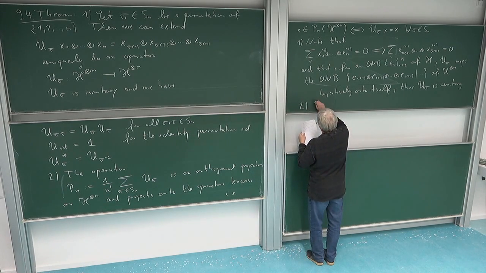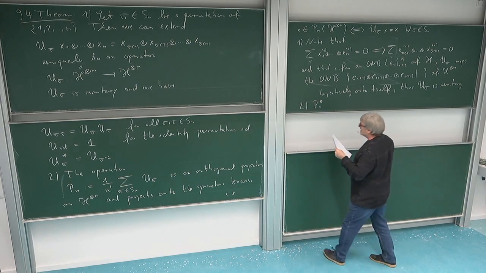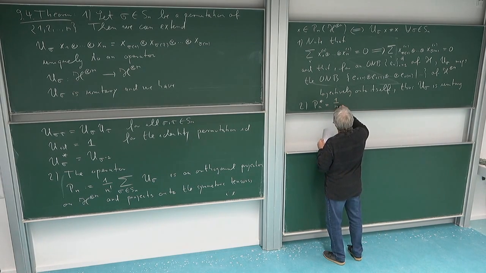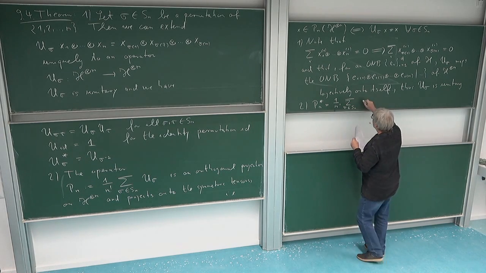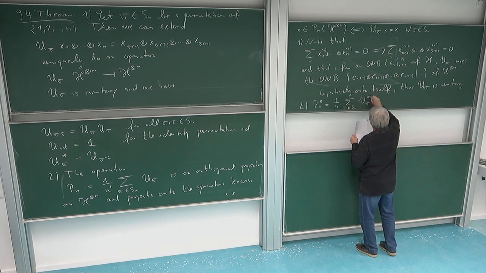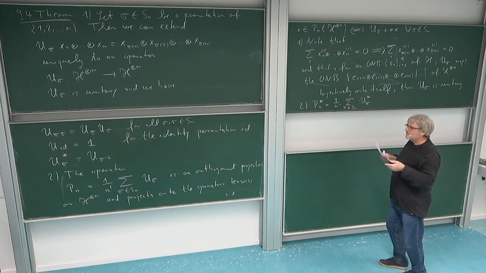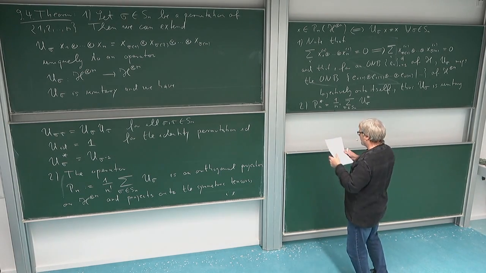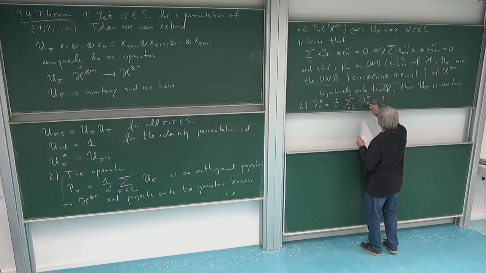Okay, so first let us check that it's self-adjoint. So what is P_n star? We just take the definition, so it's 1 over n factorial, then we are summing over the permutation group, U of sigma, and now I take the star, and of course this means I have to put the star here. But if I'm taking U sigma star, what we have seen before is that this is the same as U of sigma inverse.